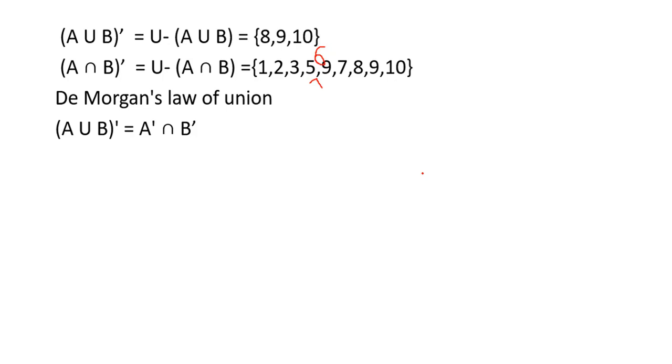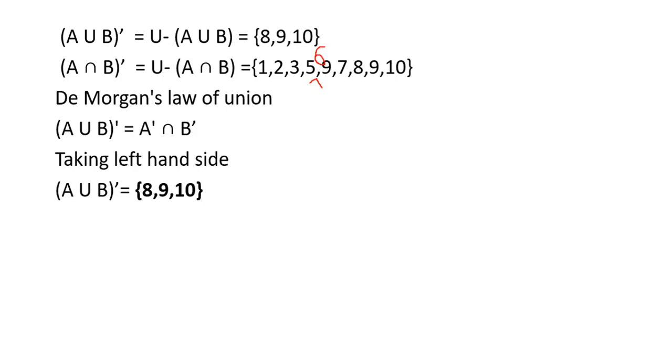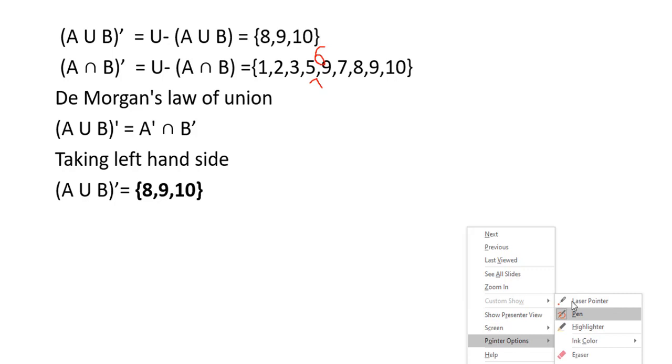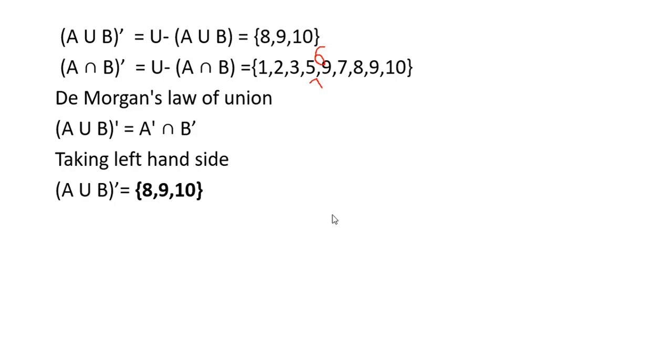Moving on, De Morgan's law of union means (A union B) whole complement is equal to A complement intersection B complement. Now taking the left hand side first and solving (A union B) whole complement, the answer we have calculated earlier is this.